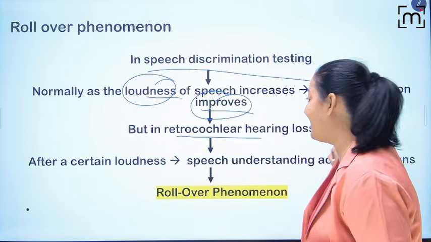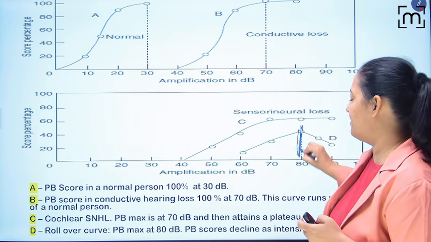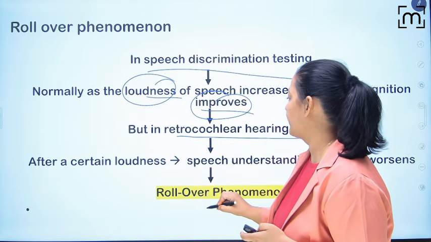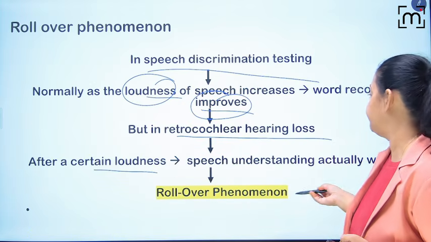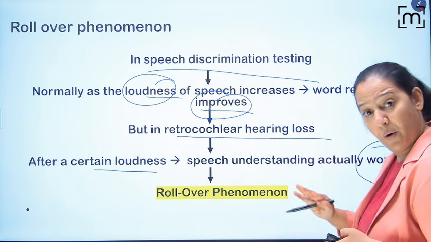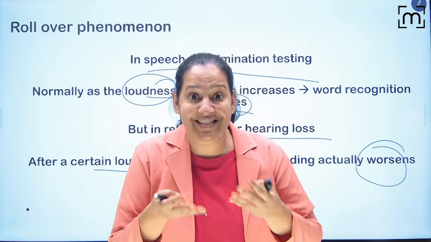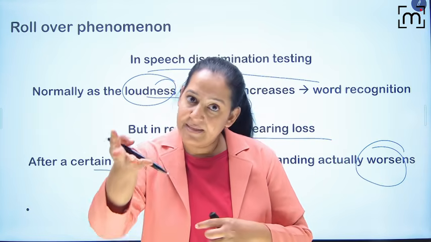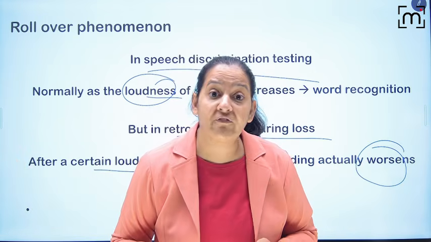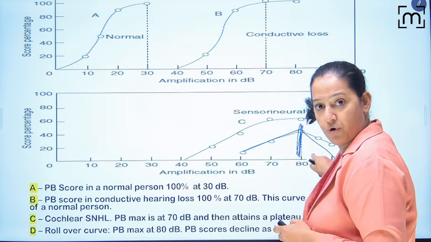But in retrocochlear deafness, after a certain point, on increasing loudness, the score reduces. Speech understanding actually worsens. So if I'm saying cat, bat, mat at a less loud level, the person says it correctly, but if I'm shouting, the score worsens. This is known as the rollover phenomenon. First understand it, and you should be able to draw this graph.